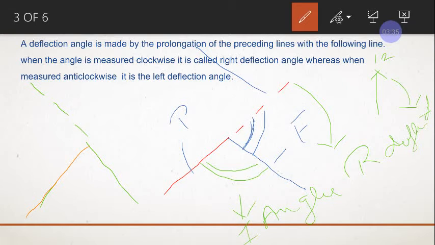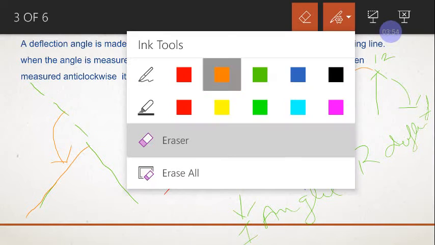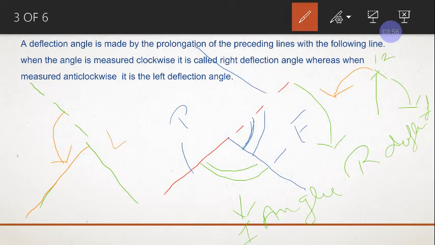Now when you make an angle like this in the anti-clockwise direction, which is the opposite direction of the clock, this is called the left deflection angle.